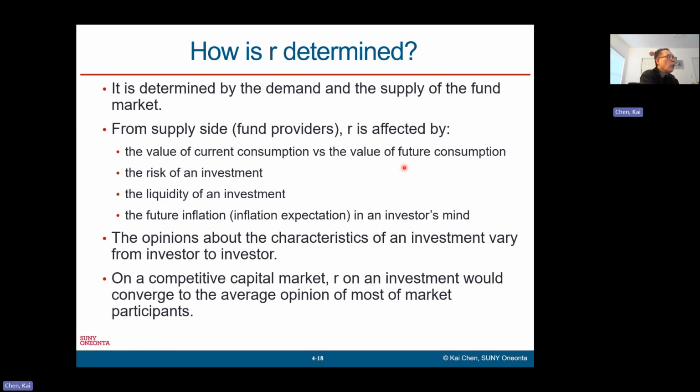Because you want to consume more in the future. So the R represents the exchange rate between the current consumption and the future consumption. If you appreciate current consumption more, then you would require a higher exchange rate. You would require a higher R.